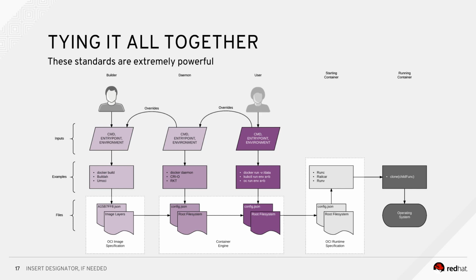So the user would pass a command line option to the container engine and say, start this container, but use this different seccomp profile, or mount this data volume, or use this different CMD, run a different command, or specify some environment variables that are very different.